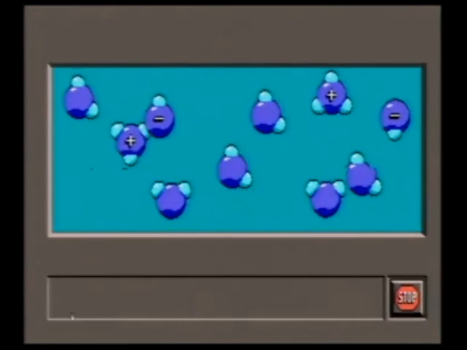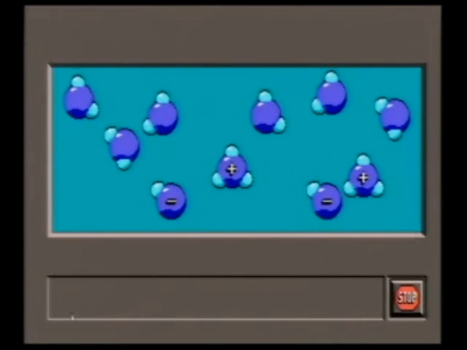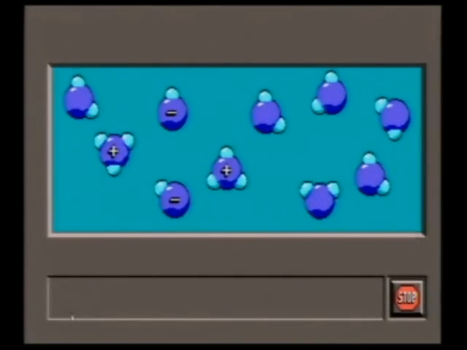The concentrations of hydronium and hydroxide ions in pure water must be the same because one of each ion is formed when two water molecules react. Since there is never more of any one type of ion, pure water is neither acidic nor basic. It is neutral.